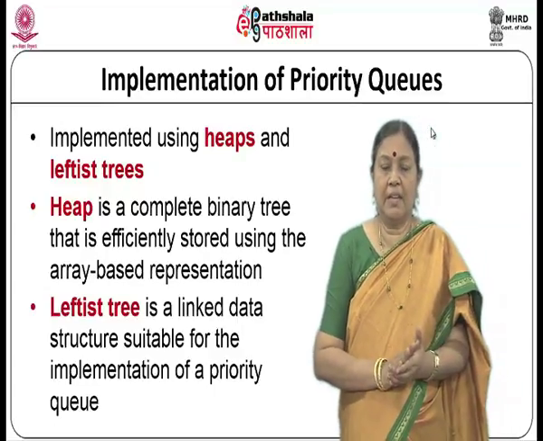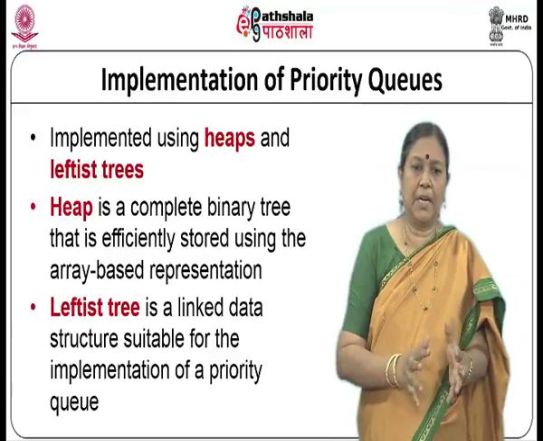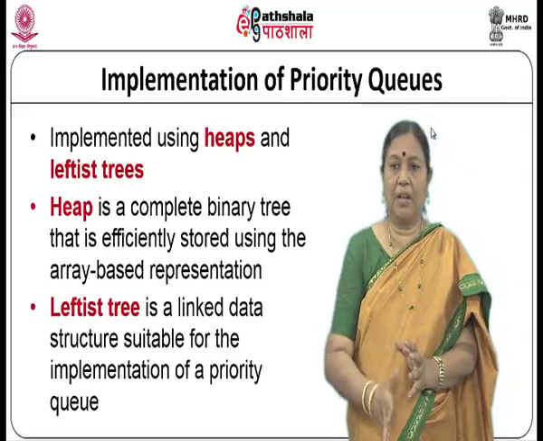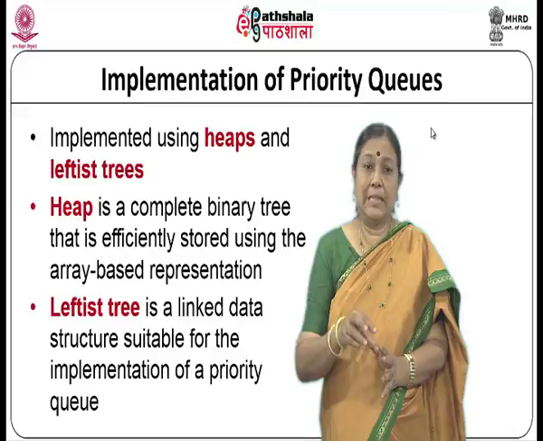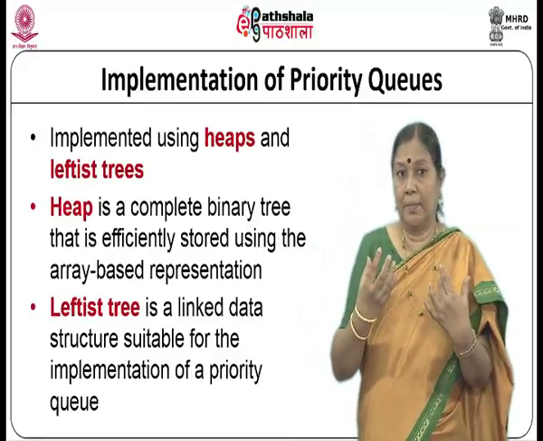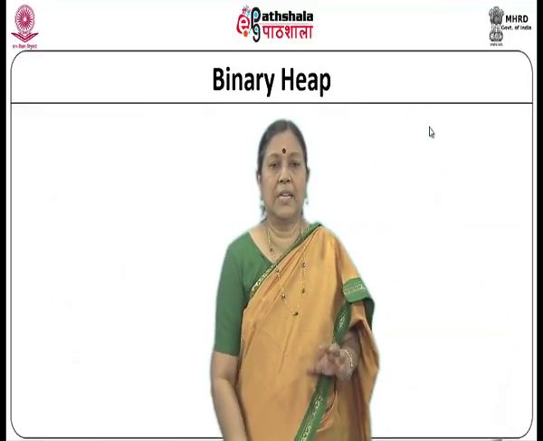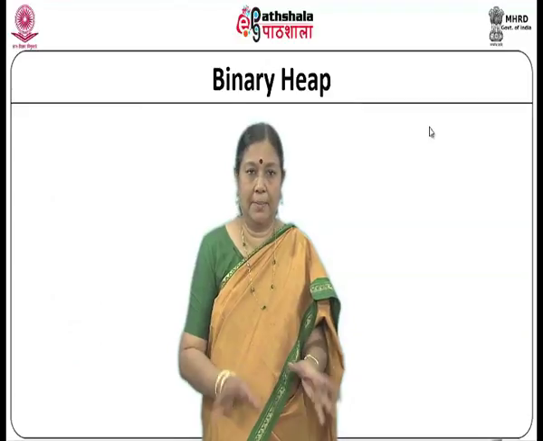The leftist tree is a linked data structure suitable for implementation of the priority queue. We are looking only at the priority queue and how it is going to be implemented. Okay. So, let us first describe what is the binary heap.